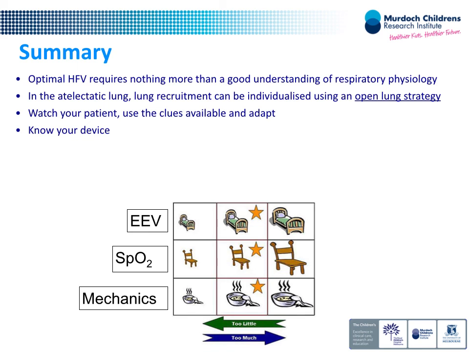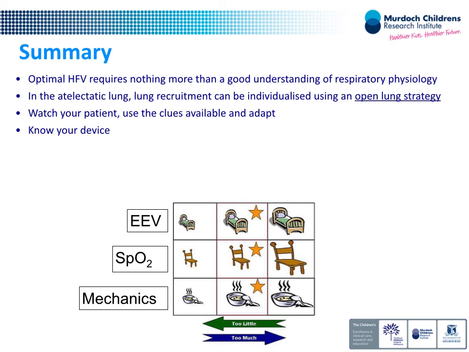I'm going to just go straight to the summary slide. So, in summary, optimal high frequency requires nothing more than a good understanding of respiratory physiology. In an atelectatic recruitable lung, recruitment can be individualised with an open lung approach. So it's not a cookbook approach, it's a patient-generated approach. And that is part of a general strategy of individualising your entire package of care.